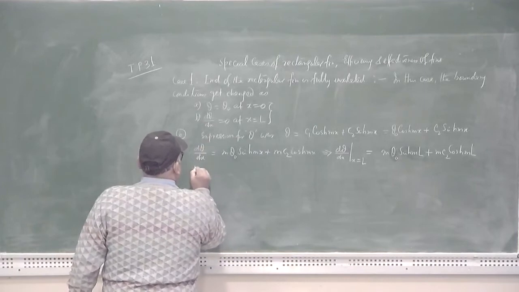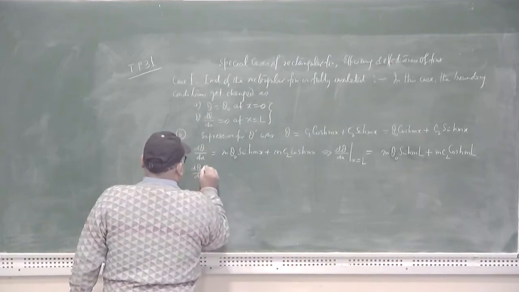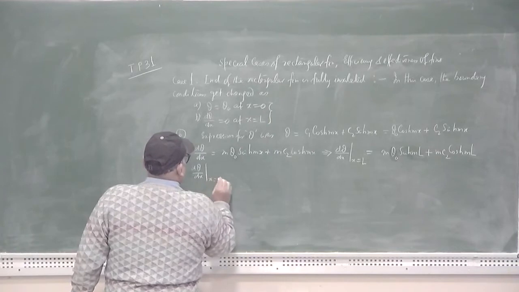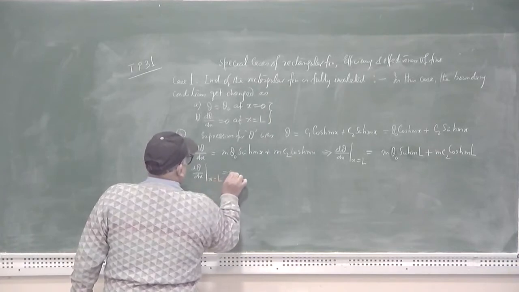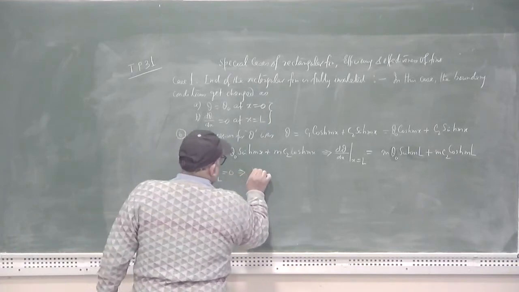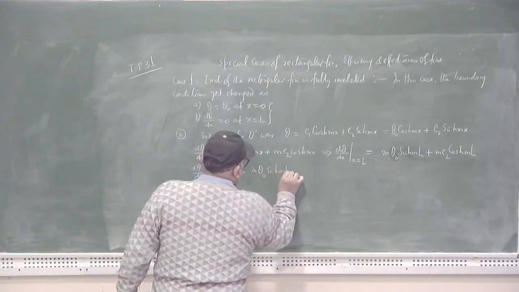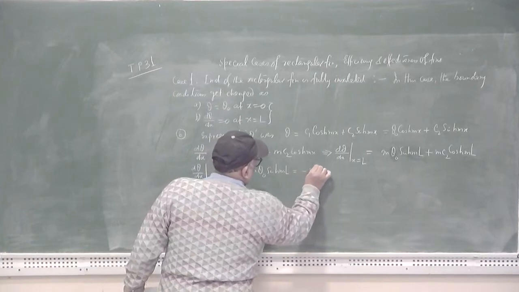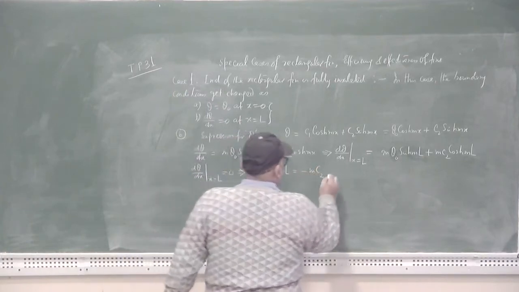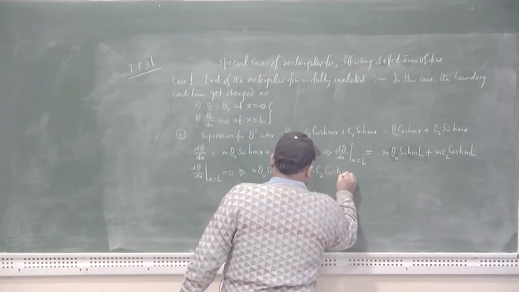As the boundary condition B said, that is equal to 0, that means m theta 0 sinh mL should be equal to minus m C2 cosh mL.